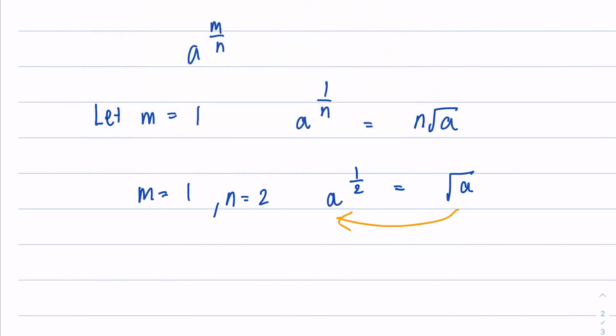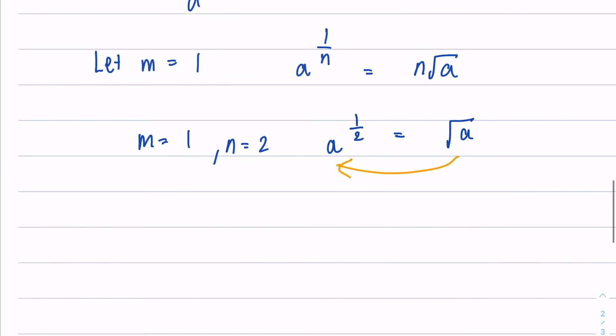Next, when m equals to 1, n equals to 3, now we have a to the power of 1/3. In this case, your denominator will be outside, and you will have the cube root of a. So as you can see the pattern of the denominator for the root.